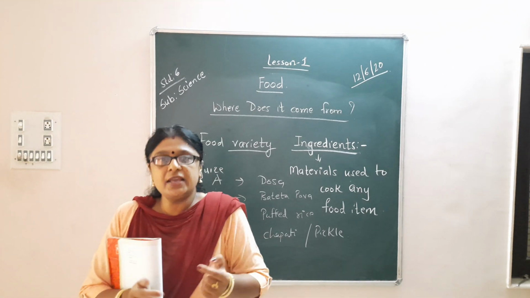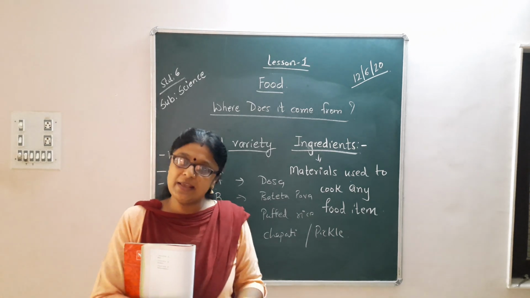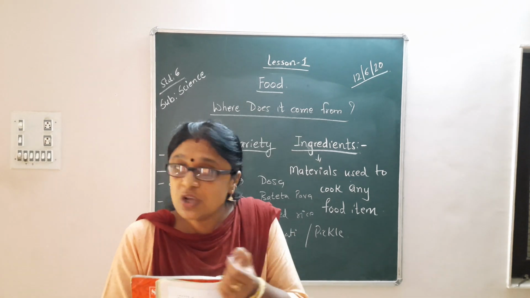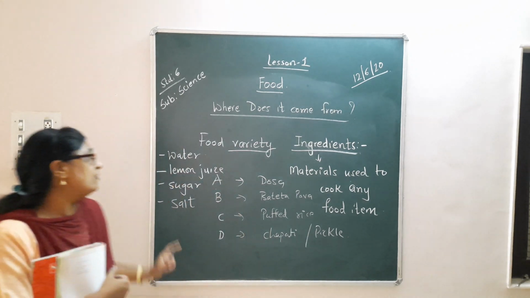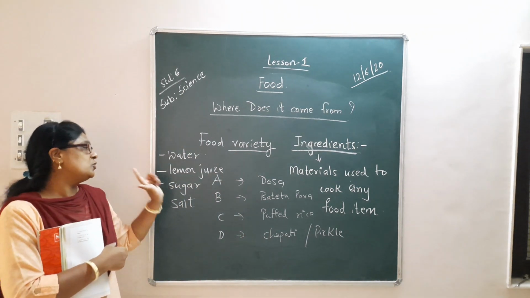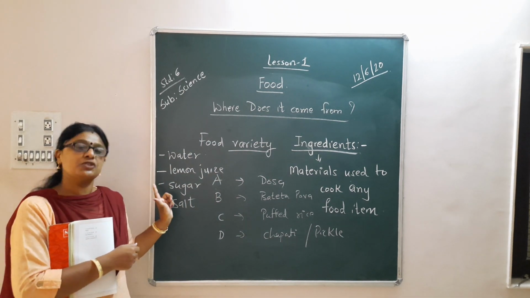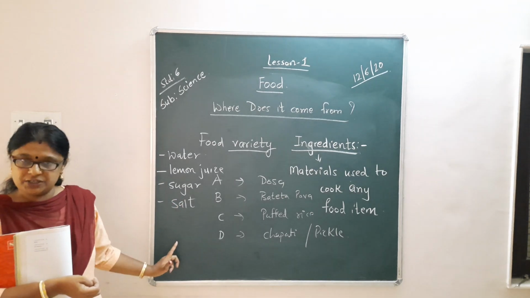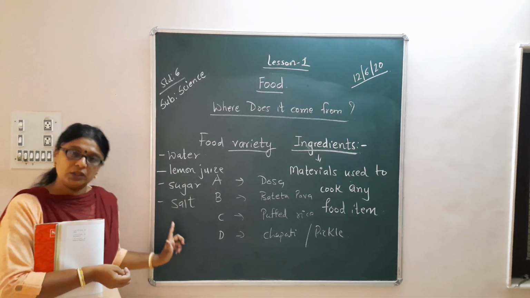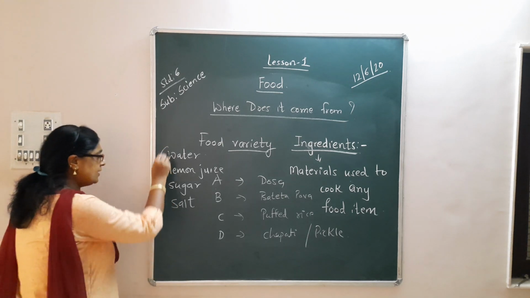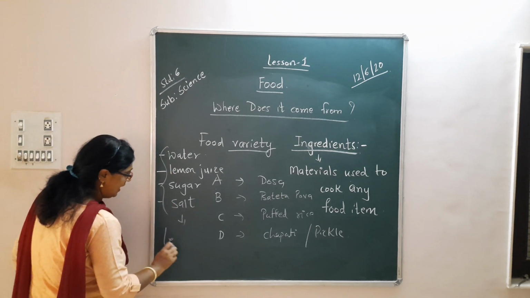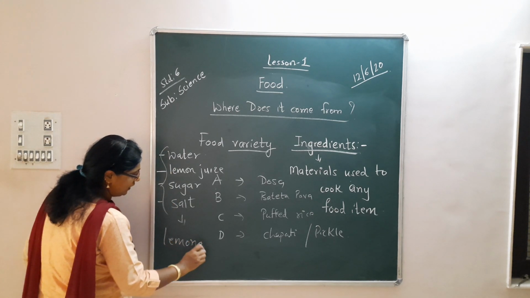So while making the nimbu pani or while making a lemonade, what all things have I used? I have used water, lemon juice, sugar, and salt. When I have used all these four things together, I have made a lemonade. What is the meaning of lemonade?